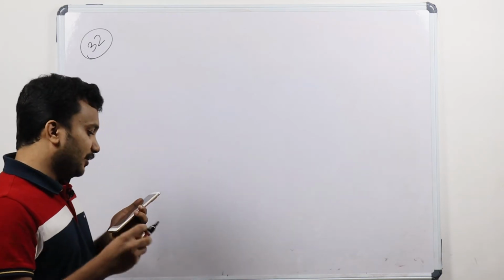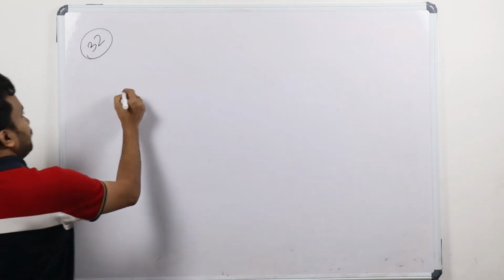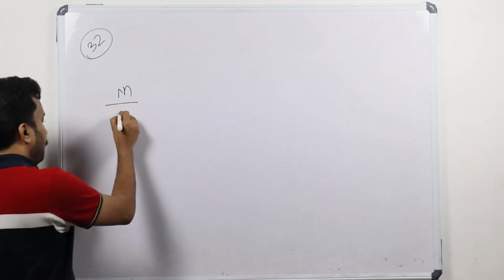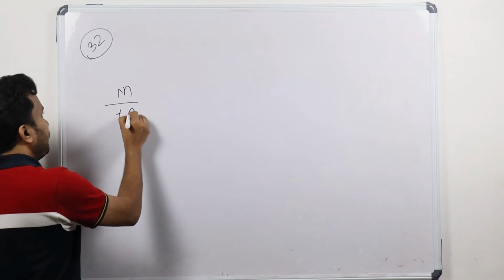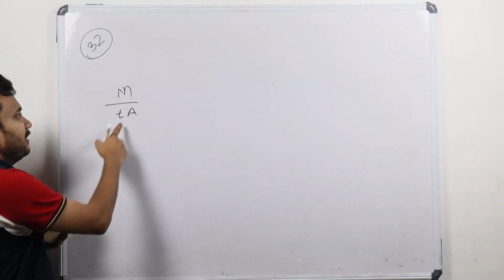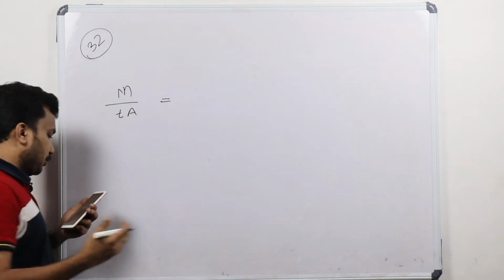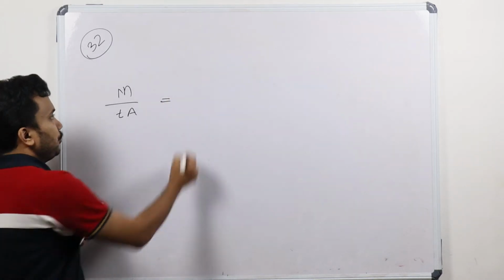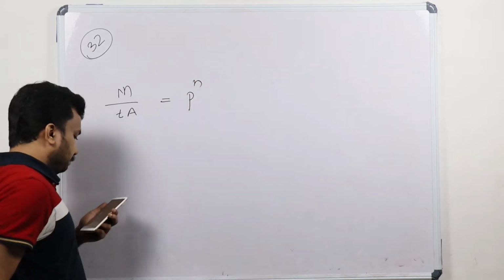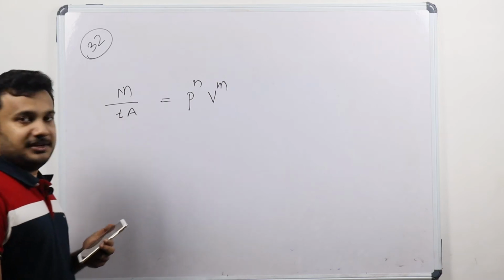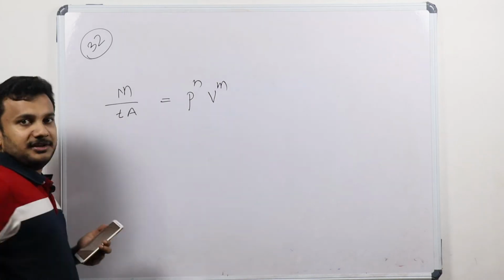Mass of a liquid flowing per second per unit area. So, mass divided by time and area is proportional to pressure raised to n and velocity raised to m.